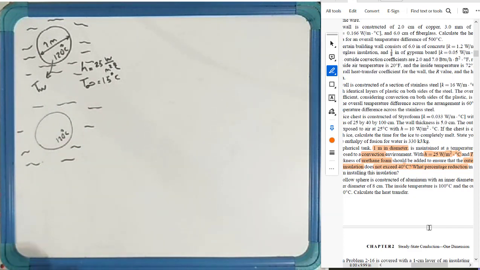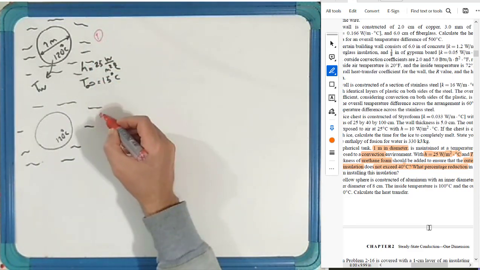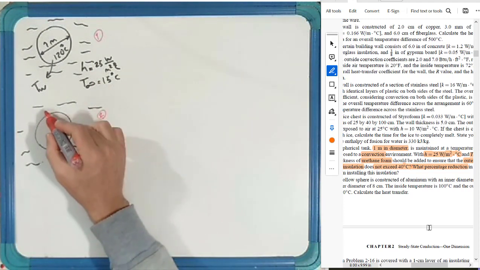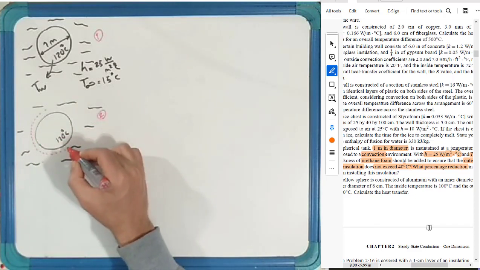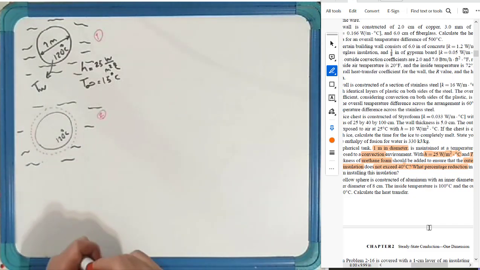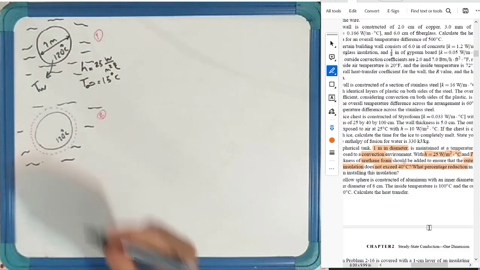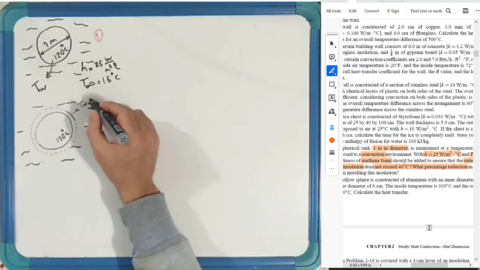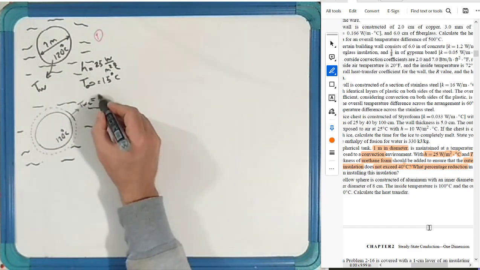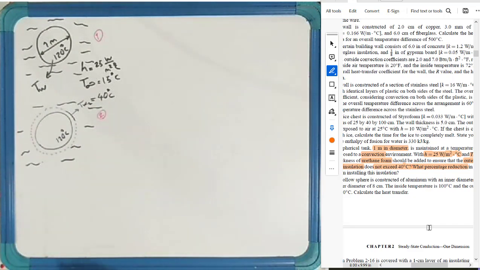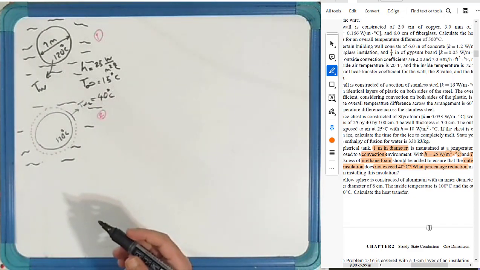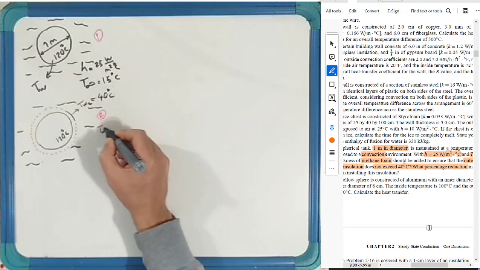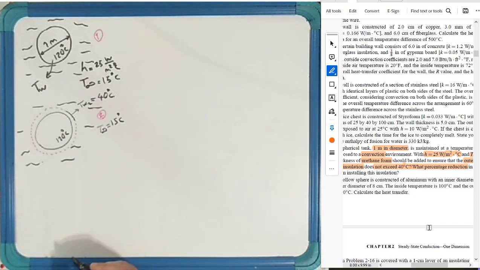The difference between number 1 and 2 is that we want to add a urethane foam thickness around the sphere, and the temperature of this wall, as the problem said, T wall 2 shouldn't be more than 40 degrees Celsius. We want to solve this problem. And T infinity again doesn't differ, 50 degrees Celsius, and h is the same, all the same.